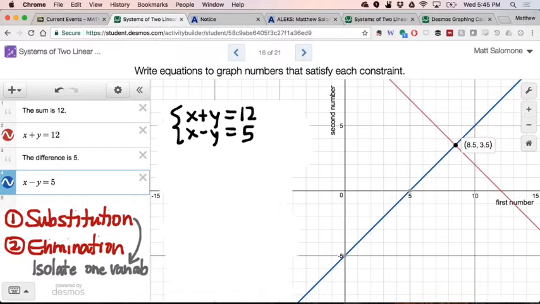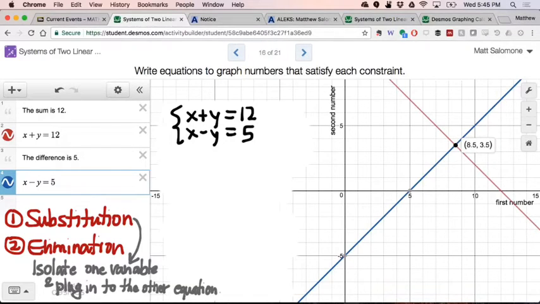So get either the x or the y by itself from one equation, and then simply substitute, or I'll just use the colloquialism, plug in, to the other equation. So use one equation to isolate the variable, and then plug that value into the other. That's the game plan here.